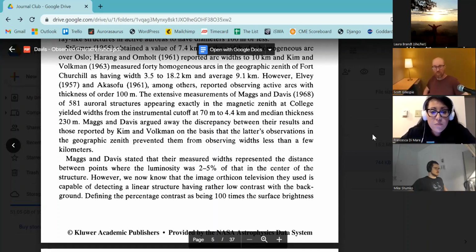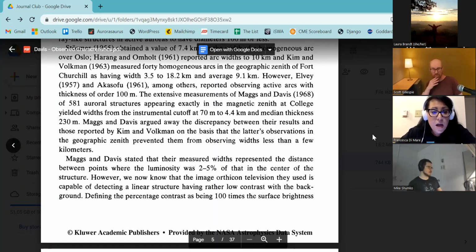The extensive measurement of Maggs and Davis 1968 of 581 auroral structures appearing exactly in the magnetic zenith at College yielded width from the instrumental cutoff at 70 meters to 4.4 kilometers and median thickness 230 meters.